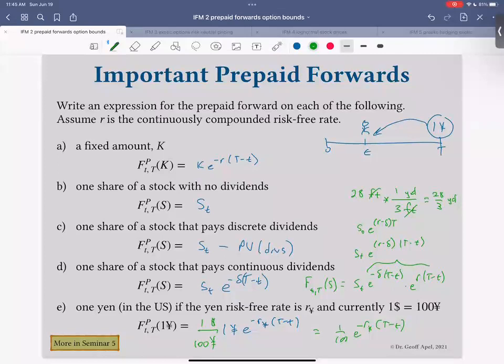And I thought that would be a good question to ask on the test, to be honest, if they gave you some information so you could find the prepaid forward, but then gave you interest as maybe effective or compounded quarterly or something like that. Because we get so used to this formula that needs continuously compounded interest, the little r. And you could convert their interest to that.